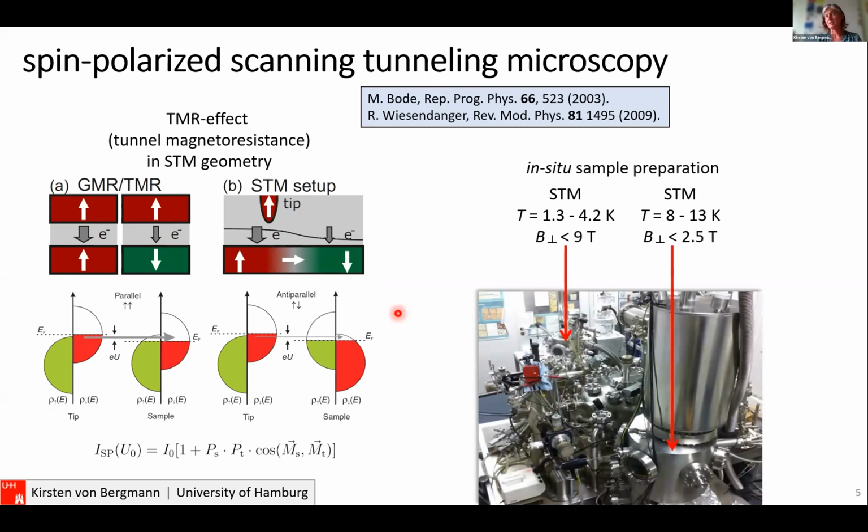We usually do this at low temperature in model type systems, and all the measurements I will be showing here are measured in pseudomorphic films that are very clean, and the measurement temperature is on the order of 4 or 8 Kelvin. And all our samples and tips are prepared in situ in our ultra-high vacuum system, and this is also where they are studied.